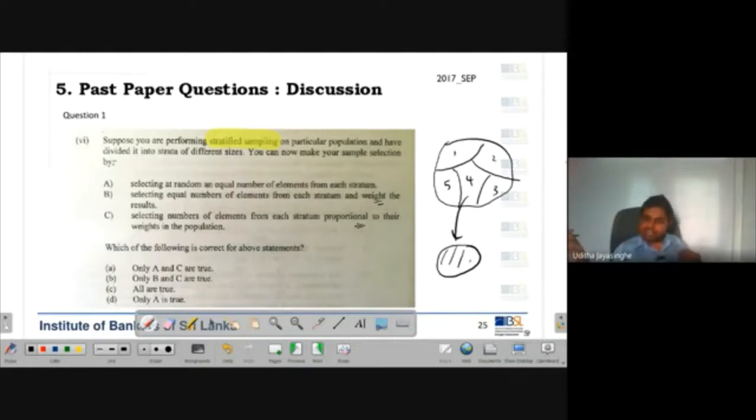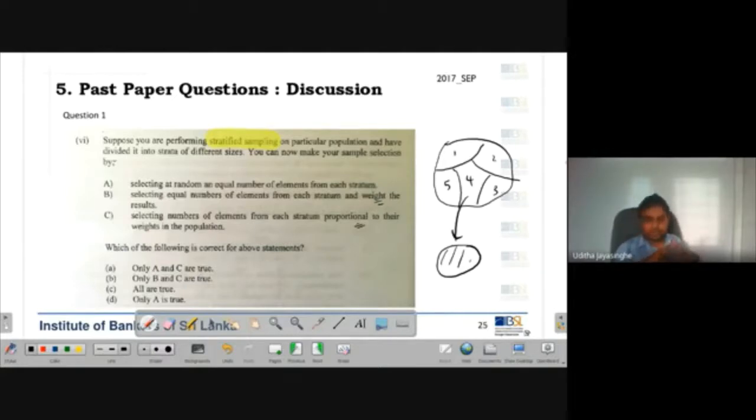If I select 2 items from each into my sample, the second stratum will be entirely represented, but from the first stratum I will only get 2 out of 10. So this equal number is not going to be a very good selection for stratification. But if you do weighting or proportioning, I think that is going to create a better selection for stratification. So if I've been asked to select the more correct statement from the above, I can go for answer B. Only B and C are true.